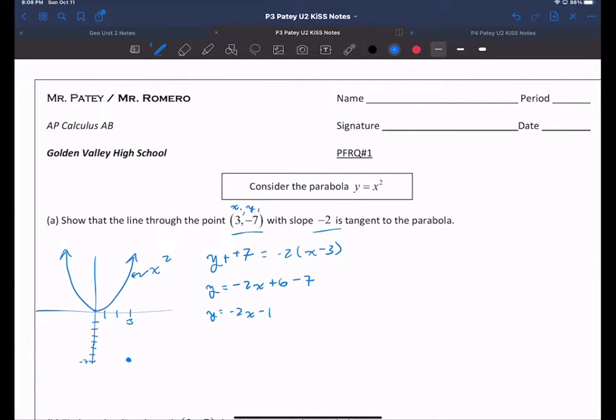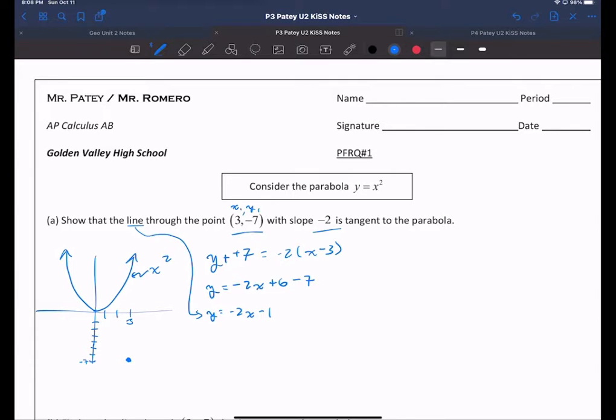So here's the line that it's talking about. Okay, it says the line, that's this guy. Now we have to just show that this is tangent to the x squared curve. So let's see if we can find a tangent line that has -2 as a slope.